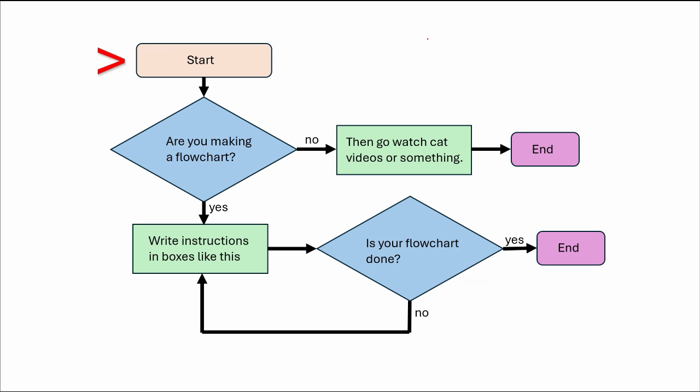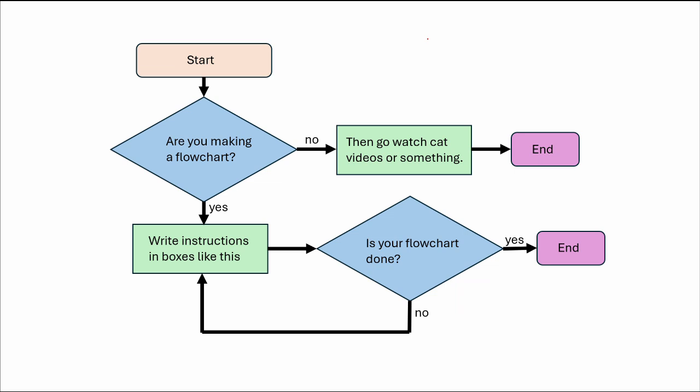So that's the shape you use for your start and your end. The other one you'll see is this rectangle. The rectangle is sort of like an action box. It's like, do this. It's kind of like a verb or an action that you're supposed to take when you get to that box, okay?